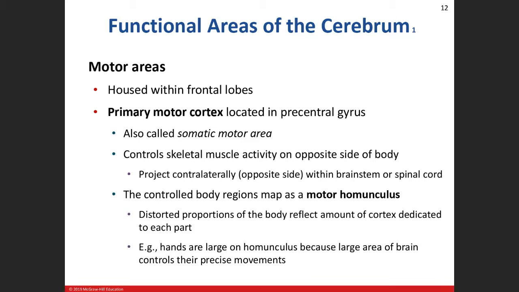But now we're going to get a little bit more specific. We're going to associate certain functions to specific parts of certain lobes. For example, we're going to talk about the motor areas here, all the different parts of the cerebrum that are associated with movement, motor function, okay?